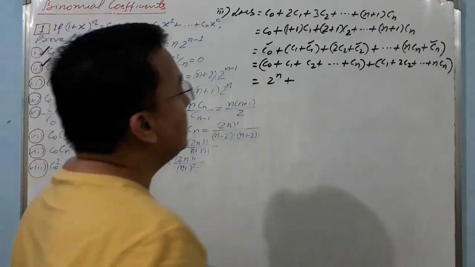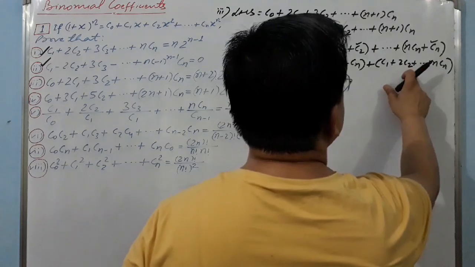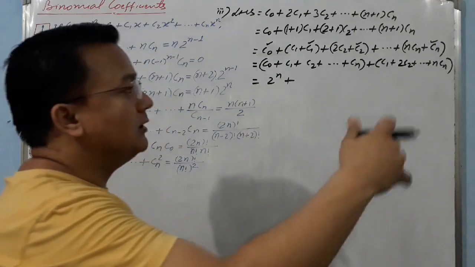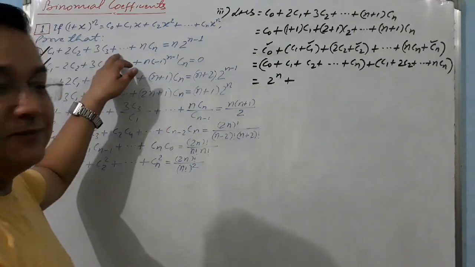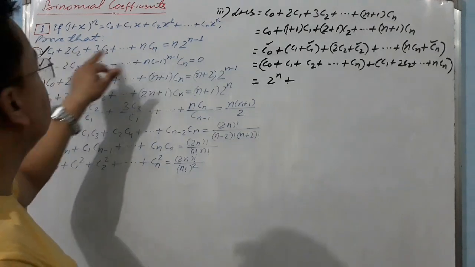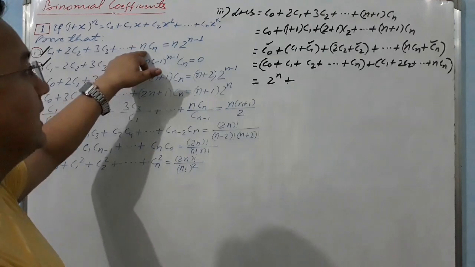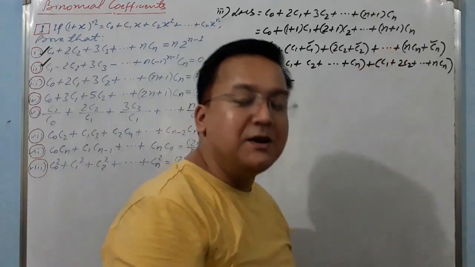2 raised to power n plus C1 plus 2 times C2 plus dot dot n times Cn. Exactly your first question: C1 plus 2 times C2 plus 3 times C3 plus dot dot n times Cn. So I have proved it, just now we have done it.